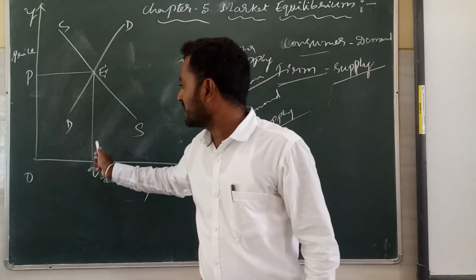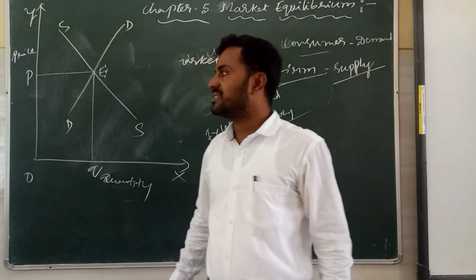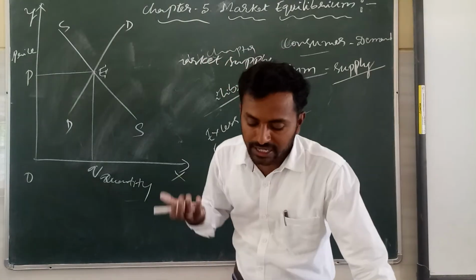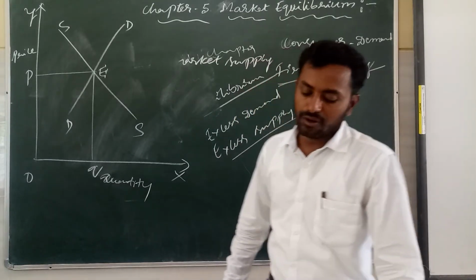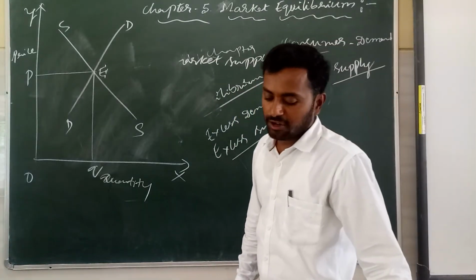Equilibrium quantity means the quantity bought and sold at this price. The quantity bought and sold at the equilibrium price P is called the equilibrium quantity. Therefore, P and Q form the equilibrium.